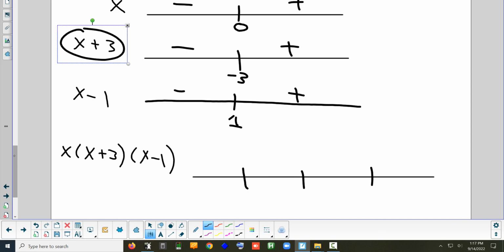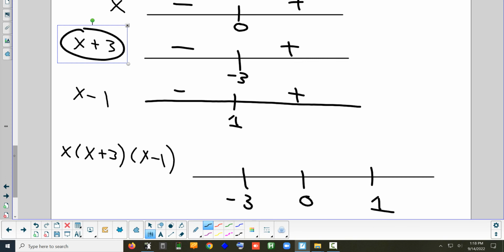And we've got -3, 0, and 1. Let's look at the less than -3 section in each part. All right, top number line.